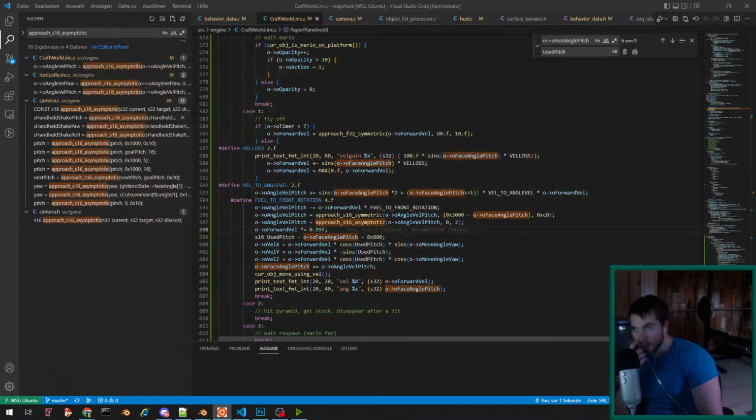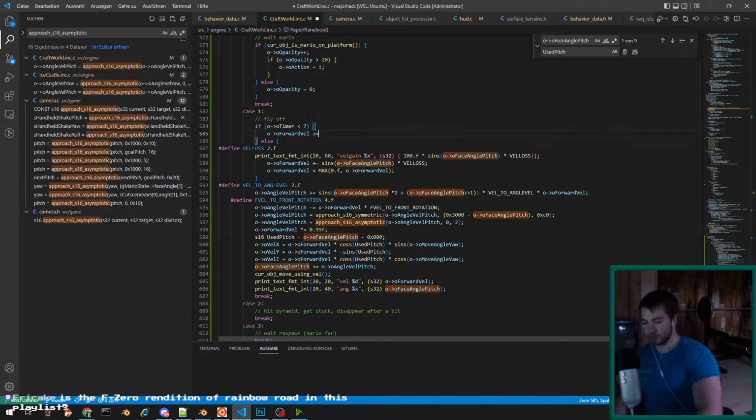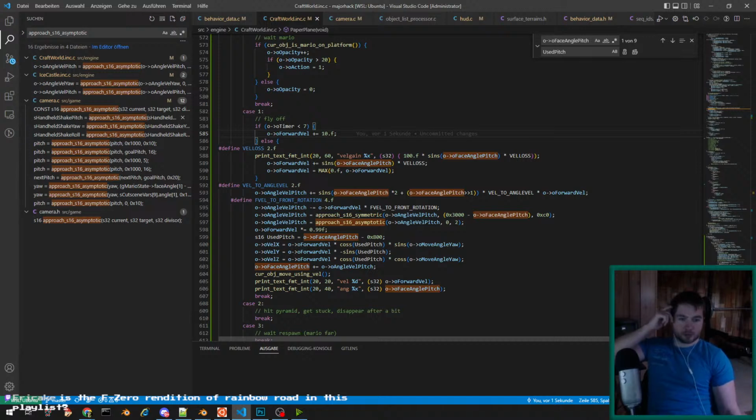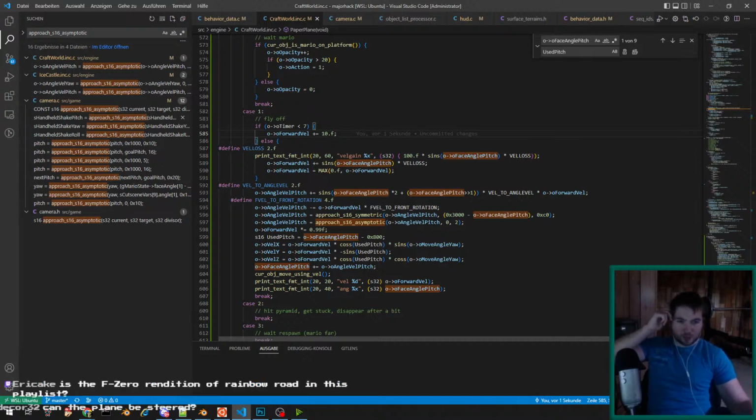Okay. So there's still an issue here. The F-Zero rendition of Rainbow Boats? There is one. Can it be steered? Nope.